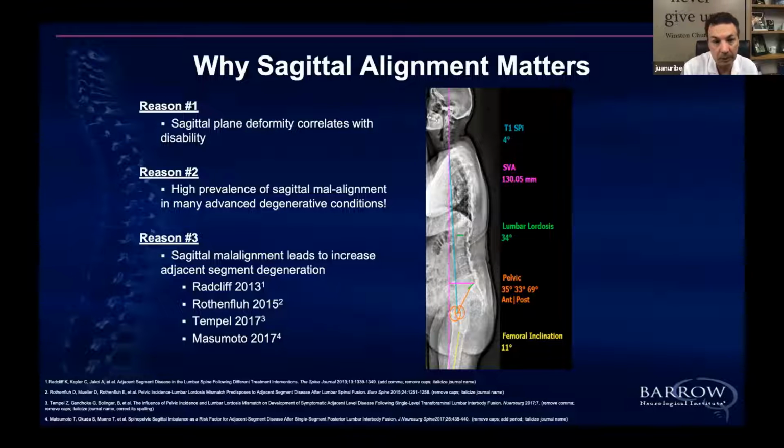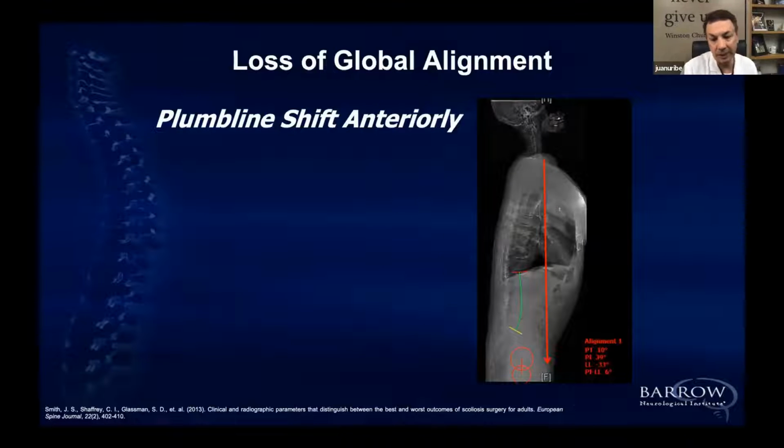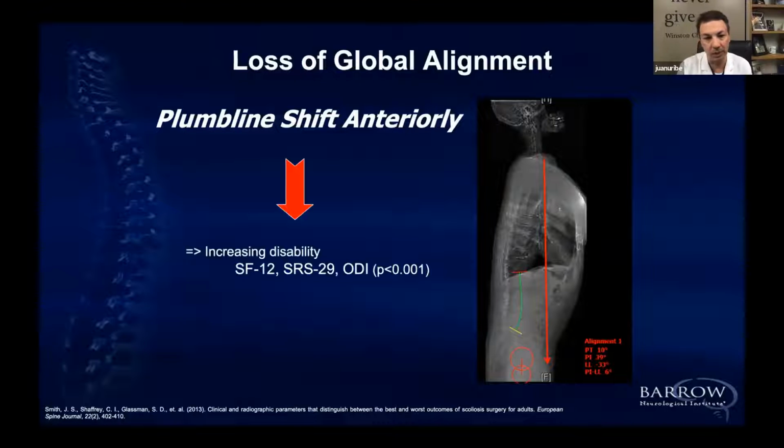I've practiced in a couple of cities in my life, and you start recognizing who the offenders are, and people know, because the outcomes are not good. Then the other thing is, again, it's not a question that when the plumb line goes anterior, all the quality outcomes measurements go through the roof.